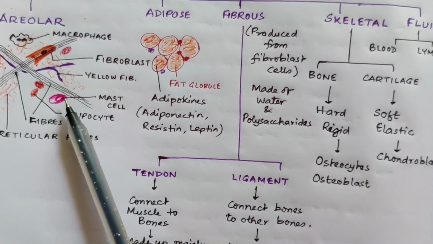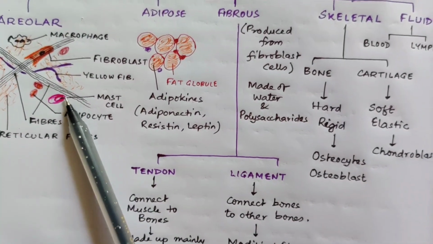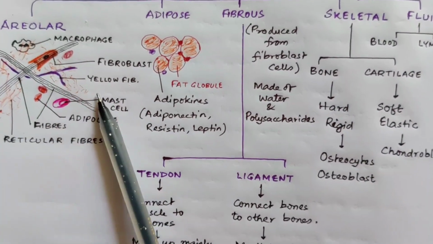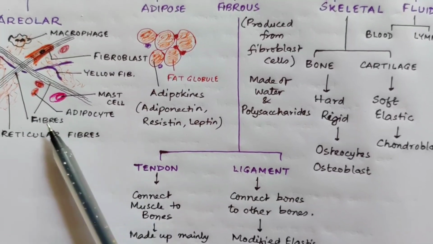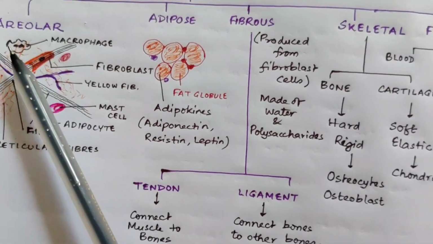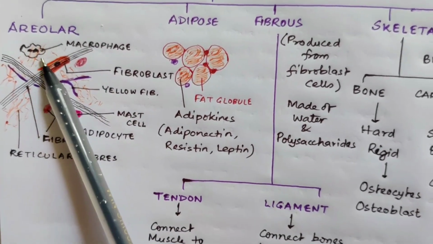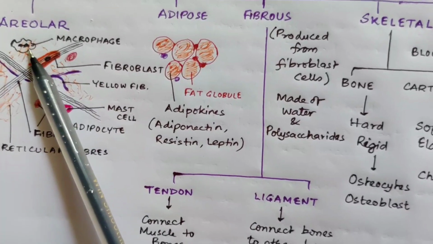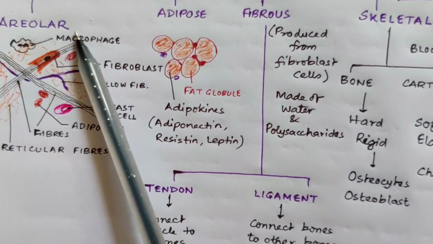They may contain mast cells which secrete histamine, heparin, etc. They contain yellow fibers, white fibers, reticular cells which contain the reticular fibers, and the macrophage. Macrophage means large cells having amoeboid properties. They digest the bacteria.